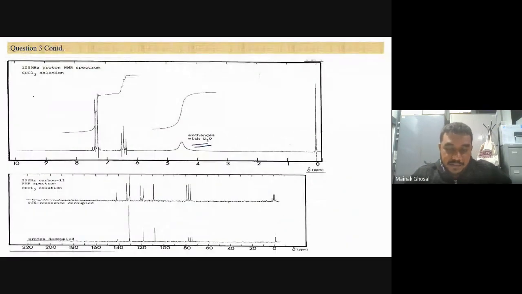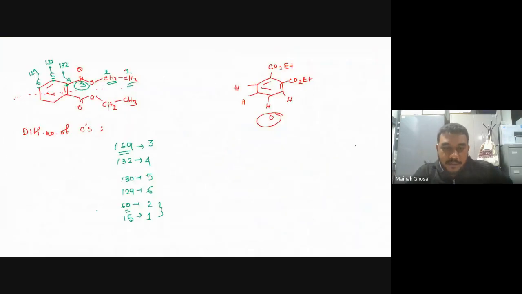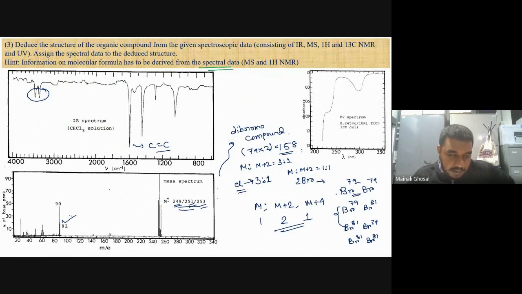And here there is an exchange with D2O, which also indicates that an NH2 group is present in the molecule. Now, removing NH2, how much mass will remain? NH2 is 16. If you remove 16 from 91, you will be left with 75.